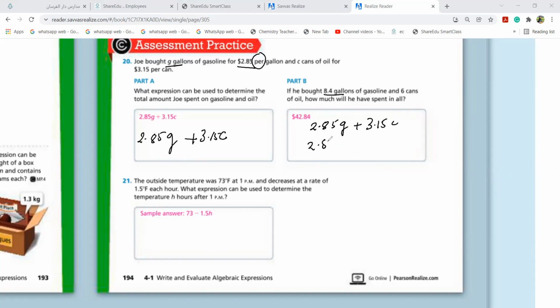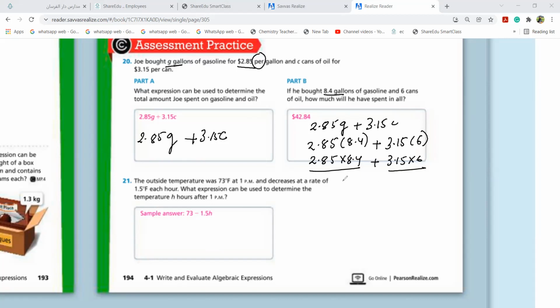What is G in the question? How many gallons did they tell? 8.4 gallons. And how many cans did they say, Ghalia, in the question? 6, right? That means you will multiply 2.85 by 8.4 and you will multiply 3.15 times 6.